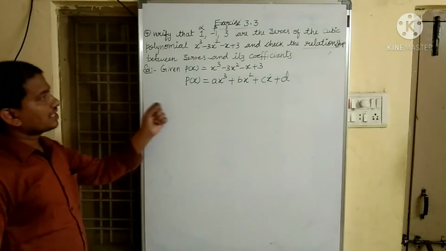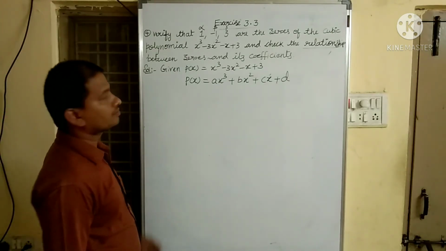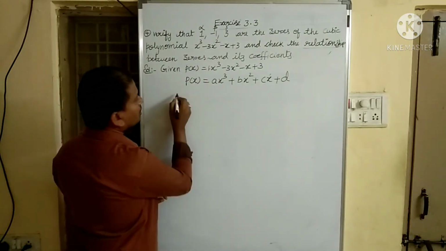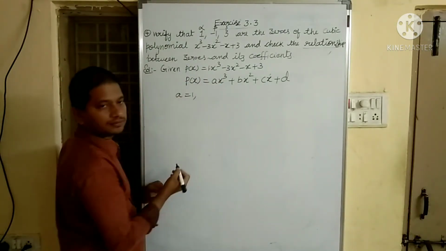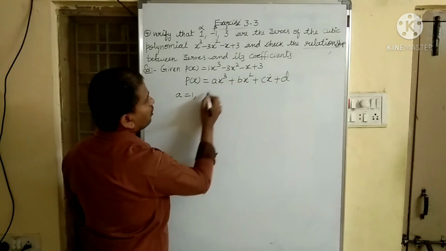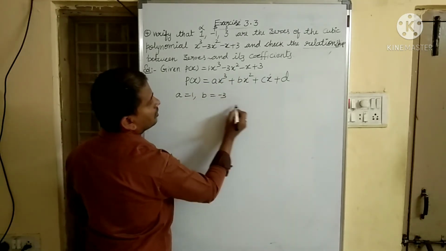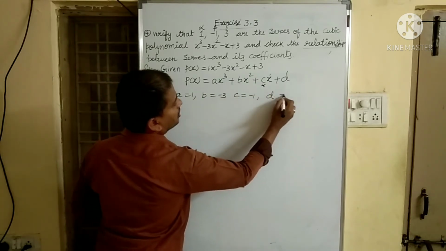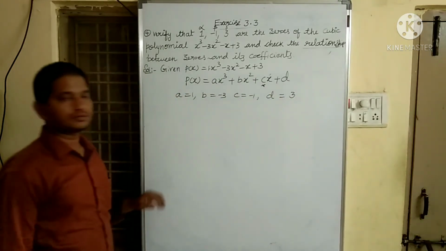What is the coefficient of x cube? Nothing means 1, so a value is 1. b value is minus 3. c value is minus 1. And the constant is 3.